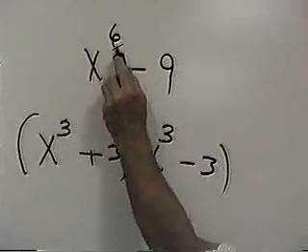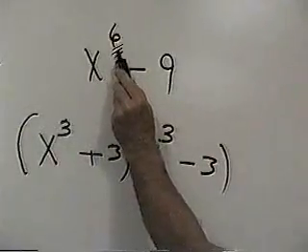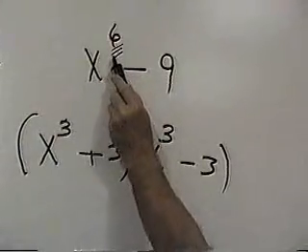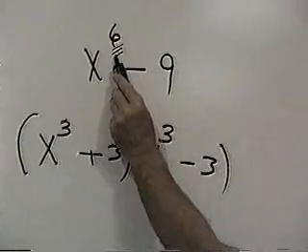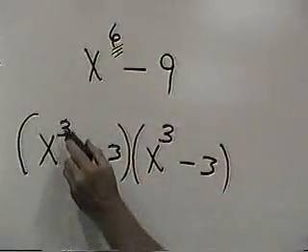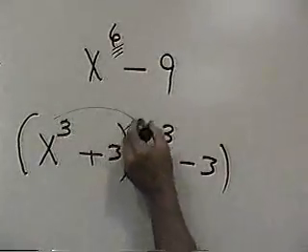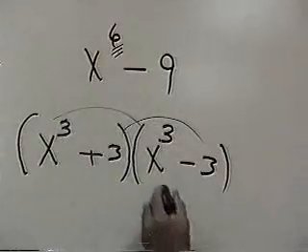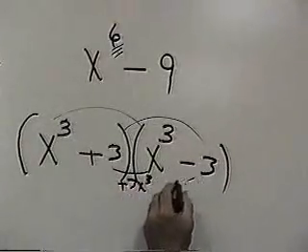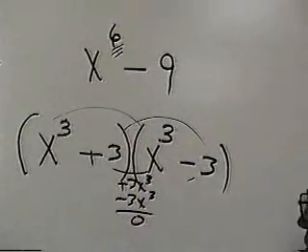So if this number right here is a 2, 4, 6, 8, 10, 12, 14, an even number, if the power is an even number, then that's a perfect square. And you just divide it by 2. First times the first is x to the 6th power. Last times the last is minus 9. Inside is a plus 3x cubed. Outside is a minus 3x cubed. Adds up to 0. Checks out.